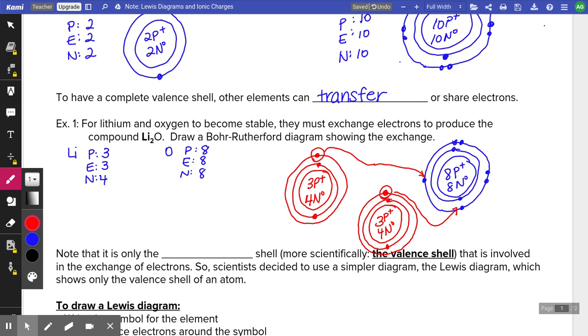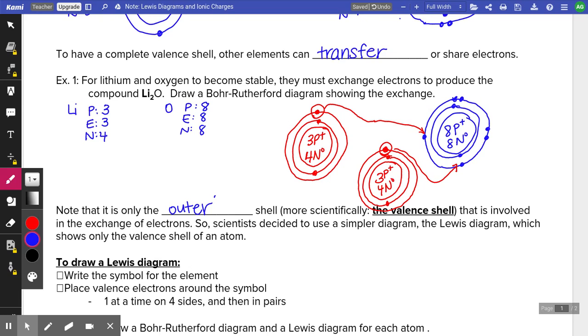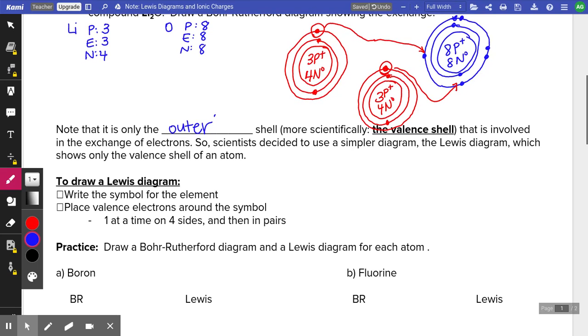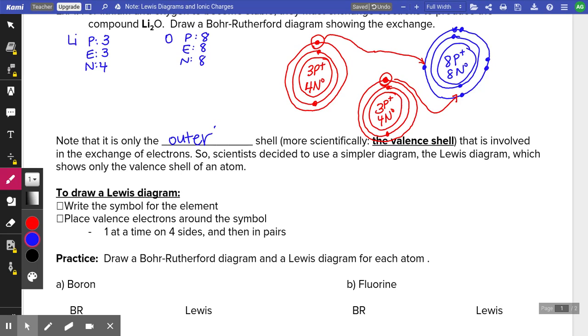Okay, so here, note that it is only the outer shell, more scientifically, the valence shell, that is involved in the exchange of electrons. The inner shell is not involved. Okay, so that's why we use Lewis diagrams instead of Bohr-Rutherford diagrams. Because who wants to sit and draw rings around atoms all day long?